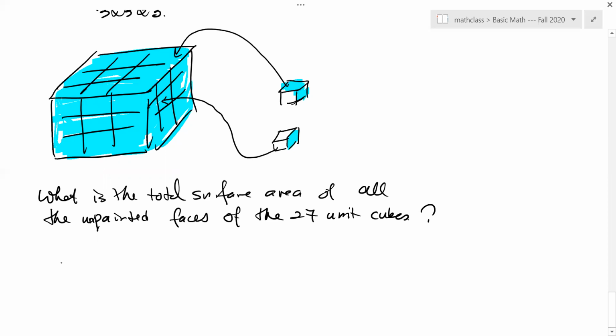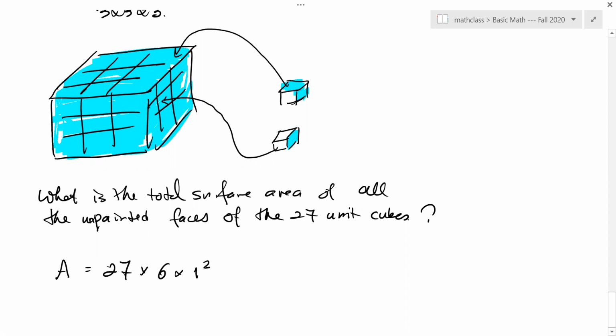First of all, you look at all these 27 unit cubes, 3 times 3 times 3. Each unit cube, how many faces are there? 6 faces, so 6 square units of area.